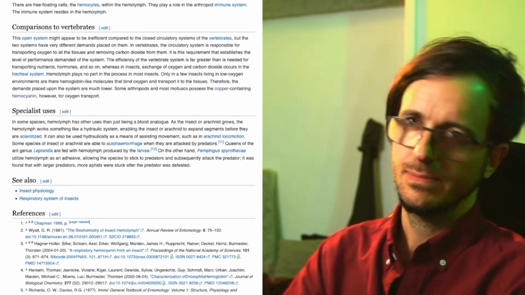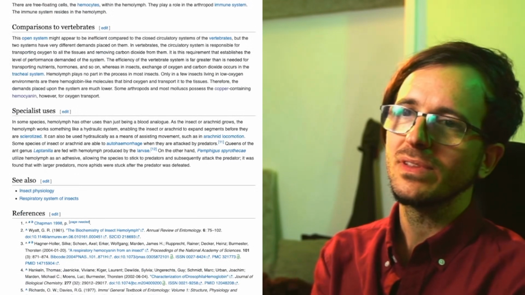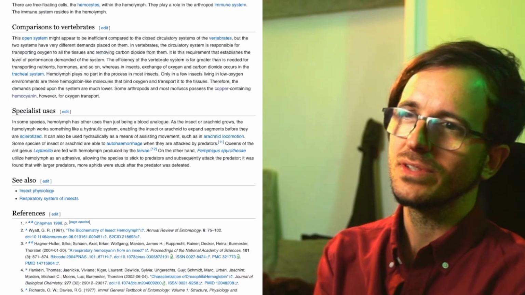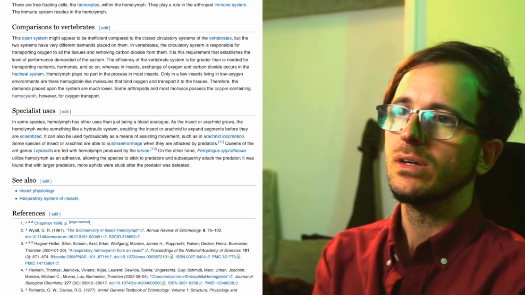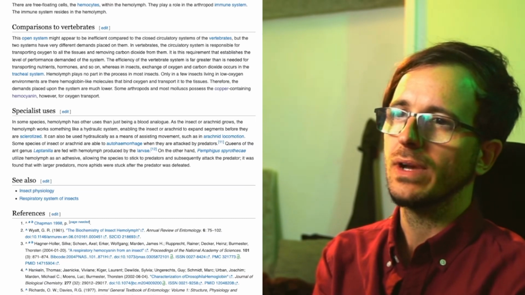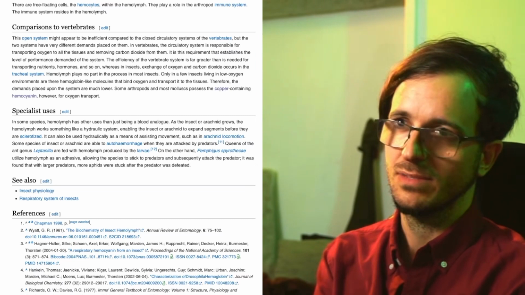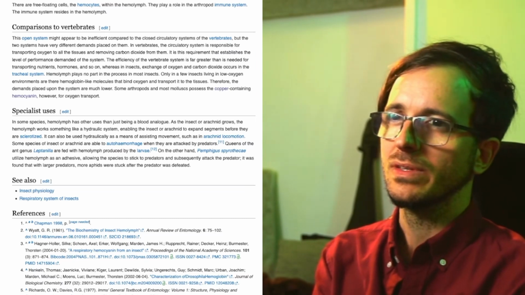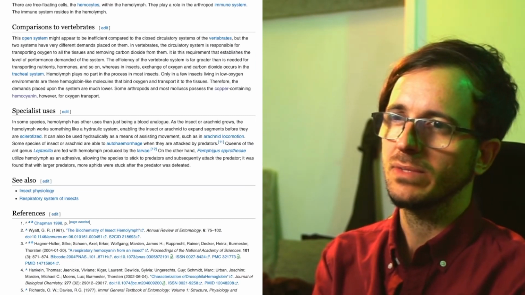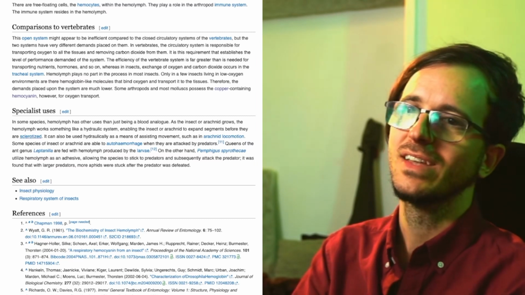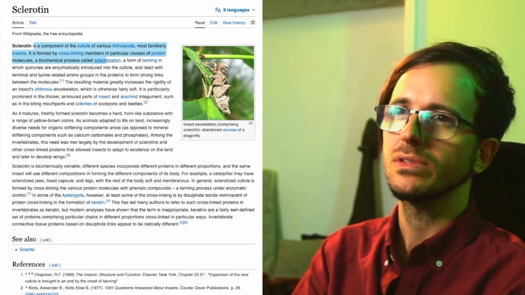Specialist uses. In some species, hemolymph has other uses than just being a blood analog. As the insect or arachnid grows, the hemolymph works something like a hydraulic system, enabling the insect or arachnid to expand segments before they are sclerotized. Molting, I guess.